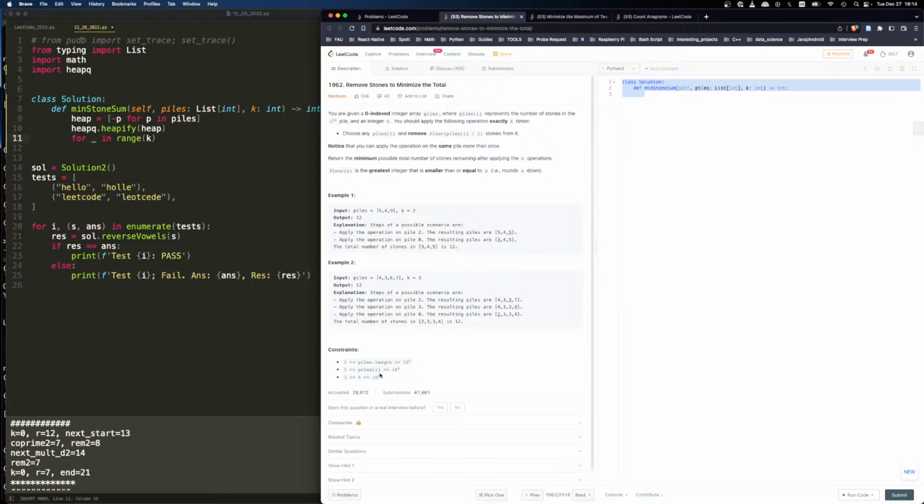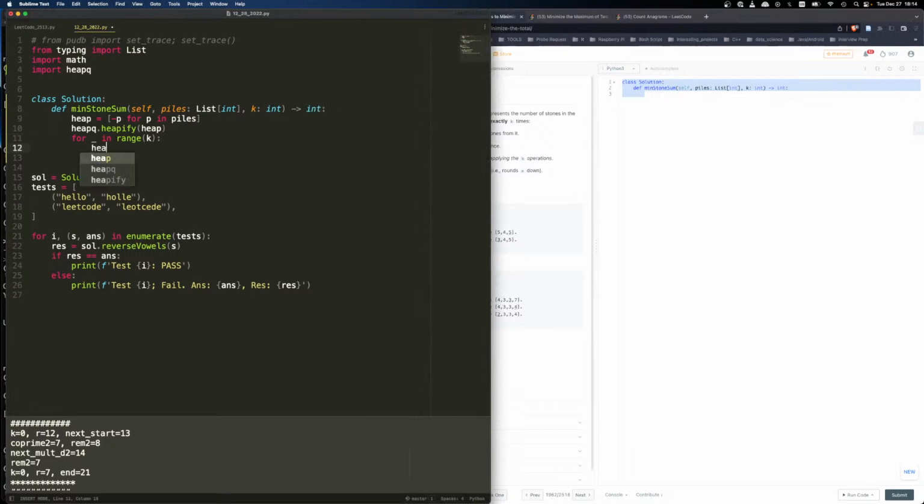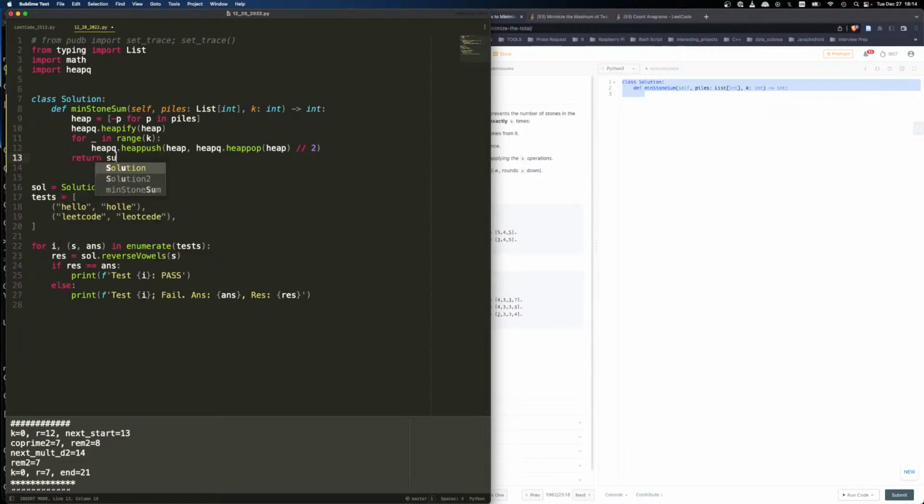Even if things become 0, it's okay. For each time, we say heapq.heappop, we pop the heap. After we pop, we'll take the minus, and then divide it by 2, and then heapq.heappush. Ooh, no, we don't have to do this. We'll just push it back as it is. We do it k times, and then we return the sum of the heap, but we take the negative of it.